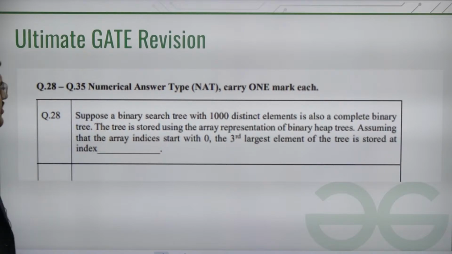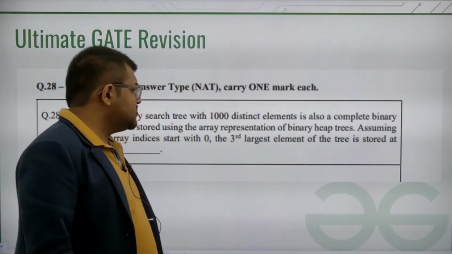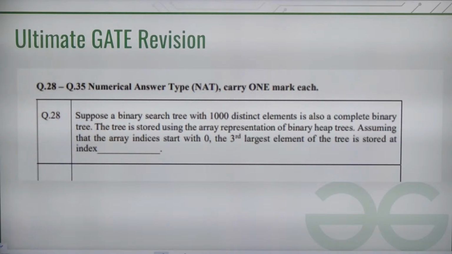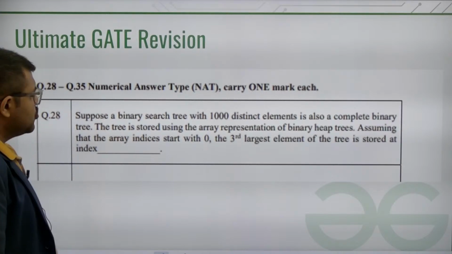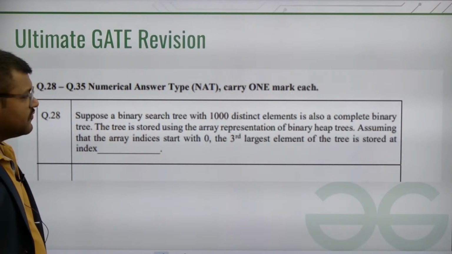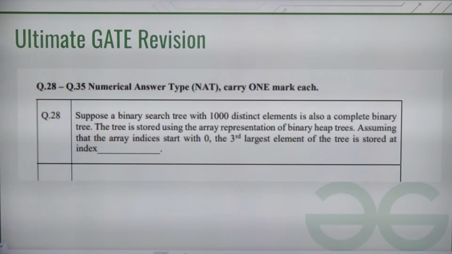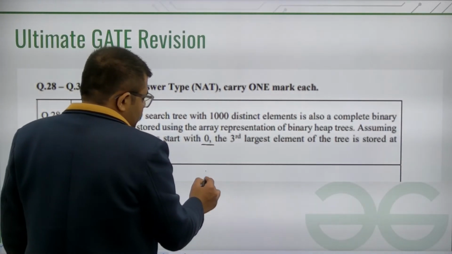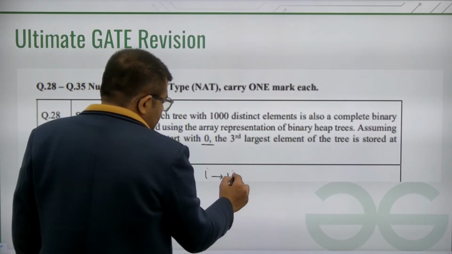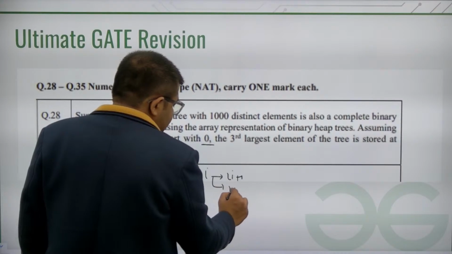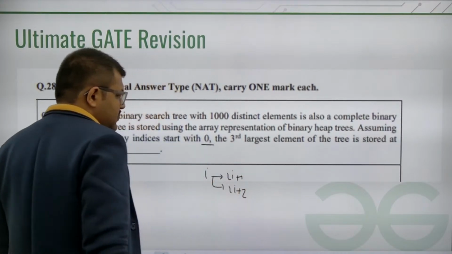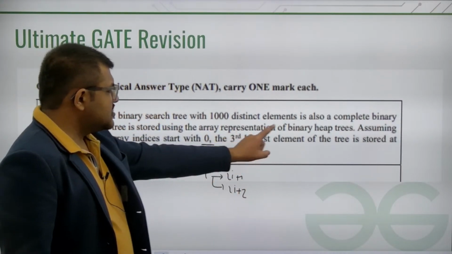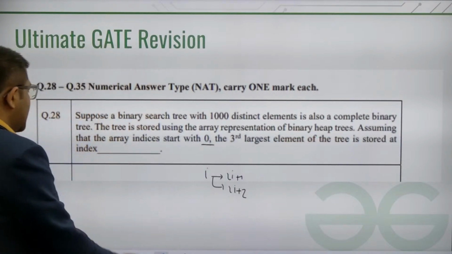Suppose a binary search tree with 1000 distinct elements is also a complete binary tree. The tree is stored using an array representation of binary heap trees. Assume that the array indexes start with 0. What does this mean? For the ith node, the left child will be 2i plus 1 and the right child will be 2i plus 2, as we discussed before. The third largest element of the tree is stored at which index?